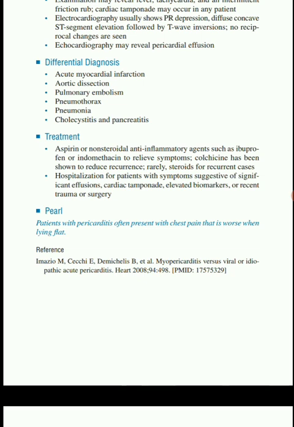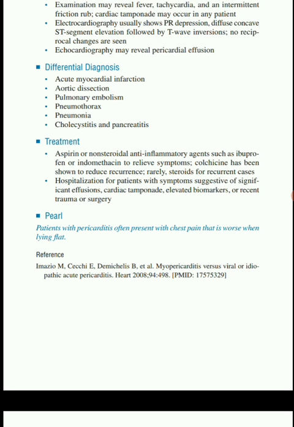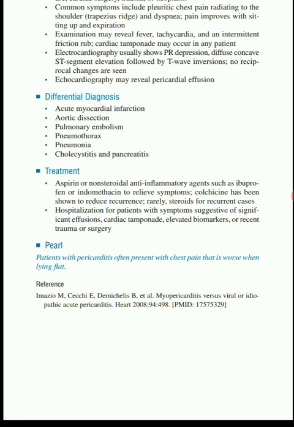Get it? Then patients with pericarditis often present with chest pain that is worse when lying flat. So a patient will come to you with this aggravated chest pain on lying and relieved on what? On sitting up.